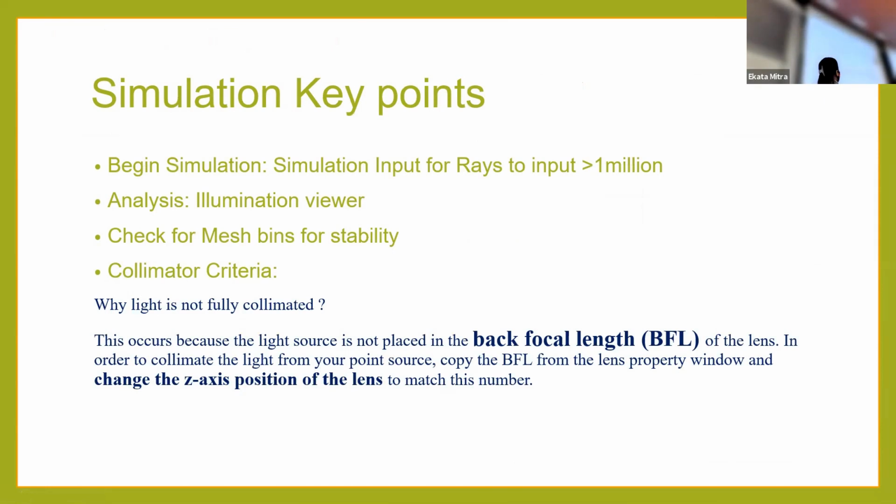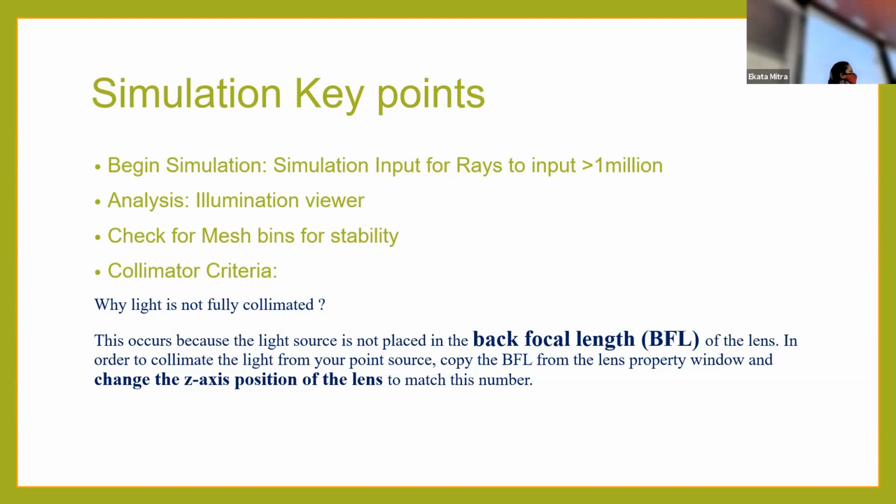After designing this with the specification I have given in LightTools, you may not get the focal point at the position I have told you, because when we are making something, we are not calculating the focal point, right? But if you have the lens you have designed, there is a property called the back focal length.